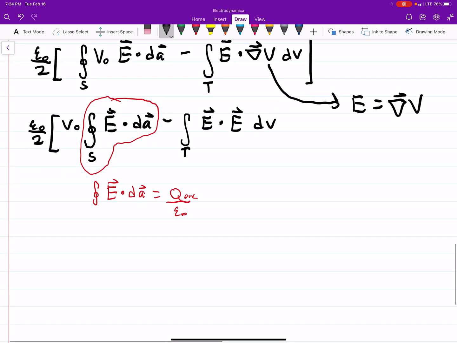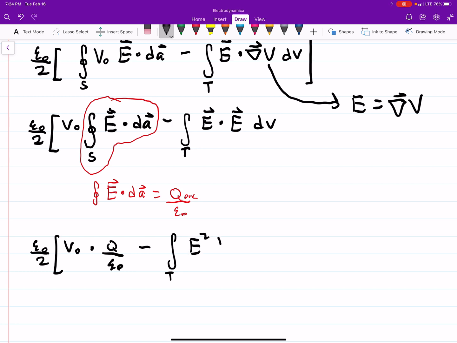Okay, so we have epsilon naught over 2 V naught times Q enclosed, which is just Q, over epsilon naught, minus the integral over our volume, E dot E, that's just the magnitude, E squared dV.